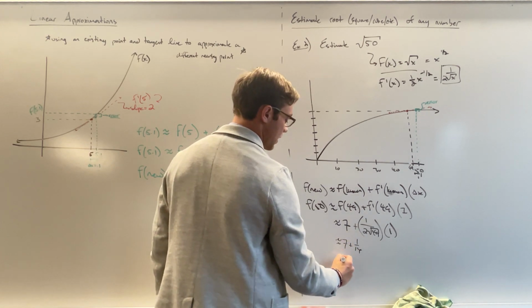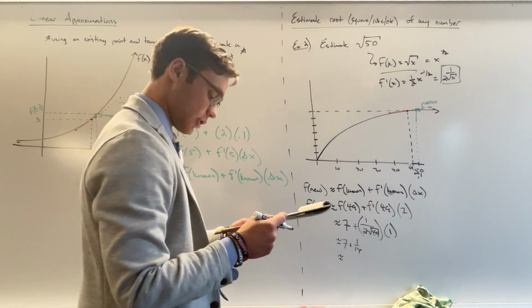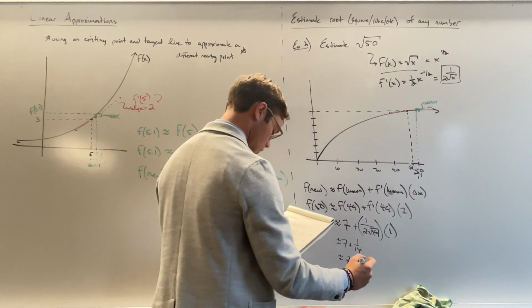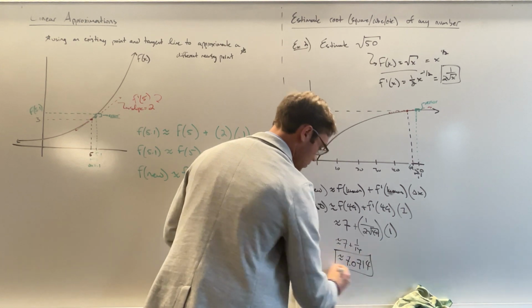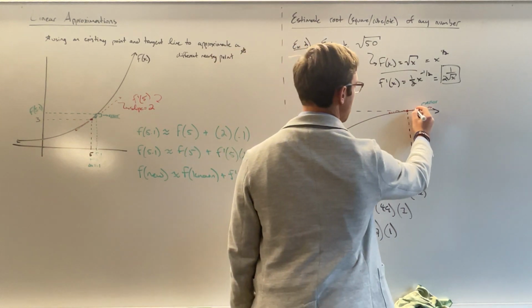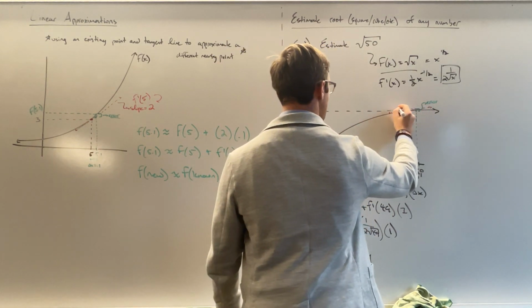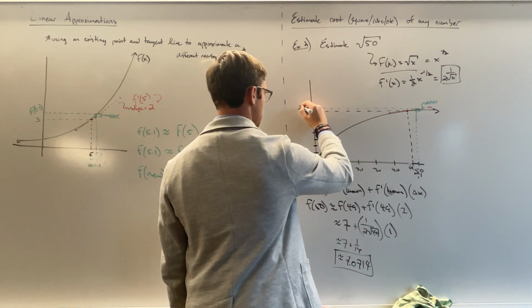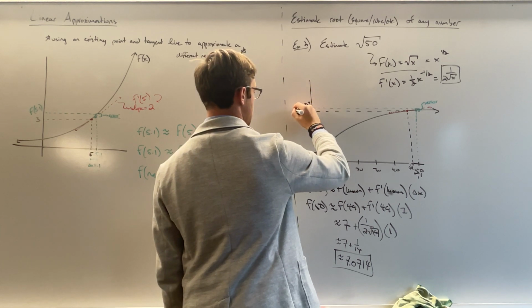which is approximately, if you do some little calculator magic, 7.0714. That's our approximate value. That's what we would get along the red line. Here it's going to get really weird because you're going to get cramped, but 7.0714 is the approximate value.